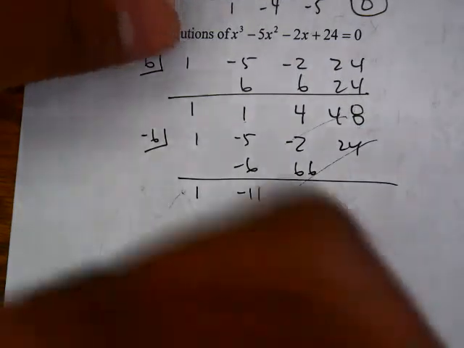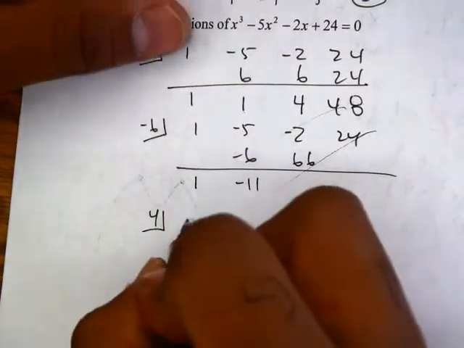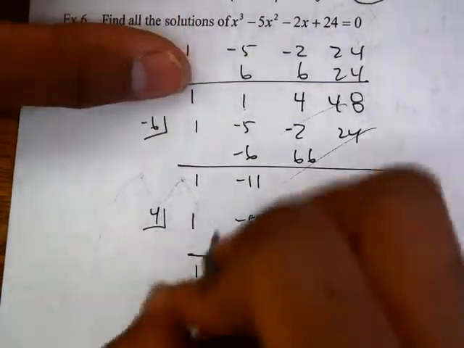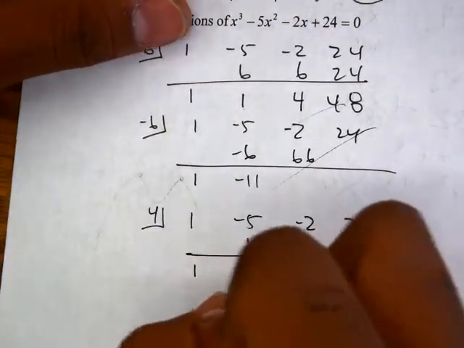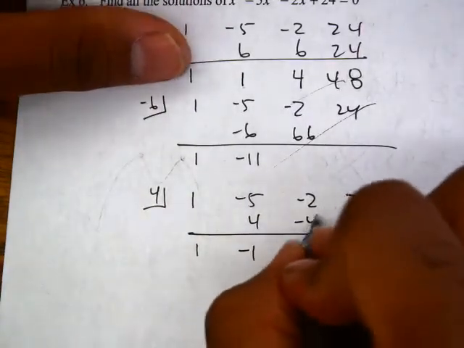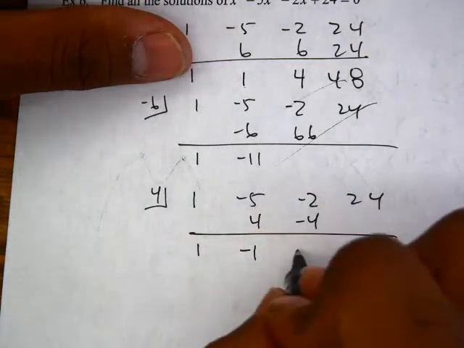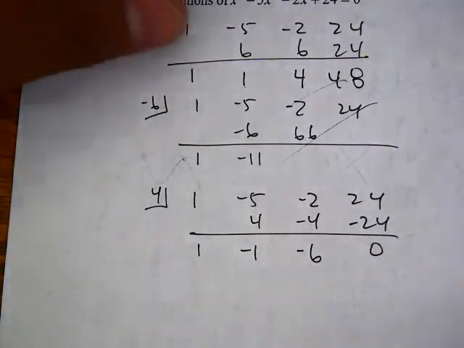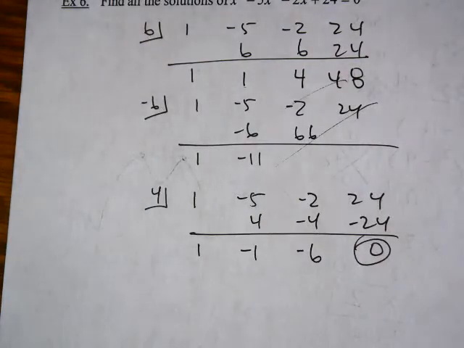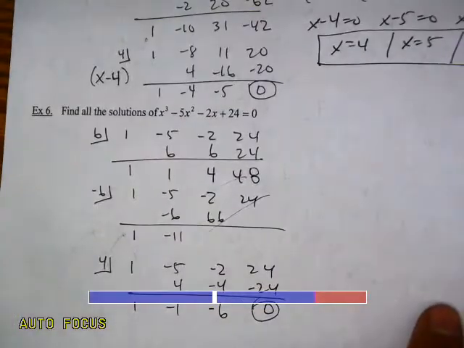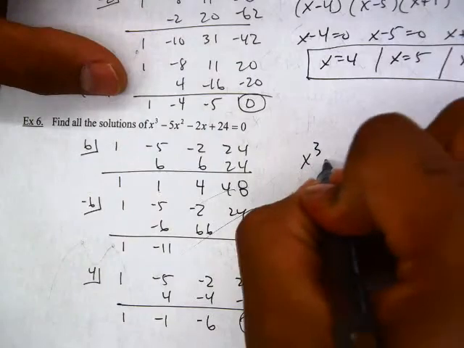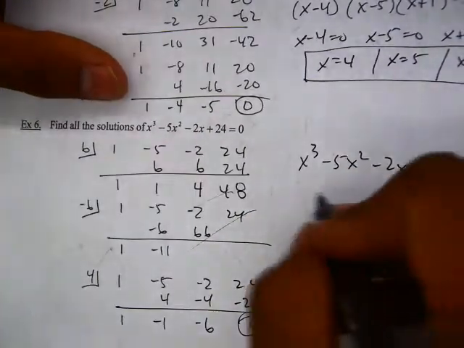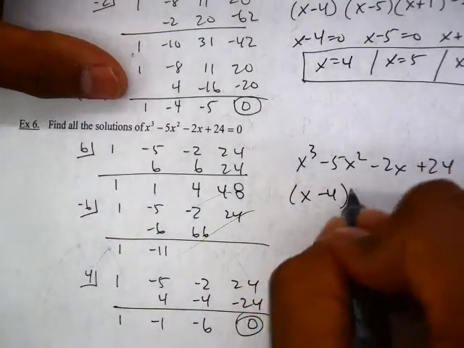What other things should we try? 4. So let's see. Hey, 4 worked again. So x cubed minus 5x squared minus 2x plus 24 equals 0. It factors out to x minus 4 and something.